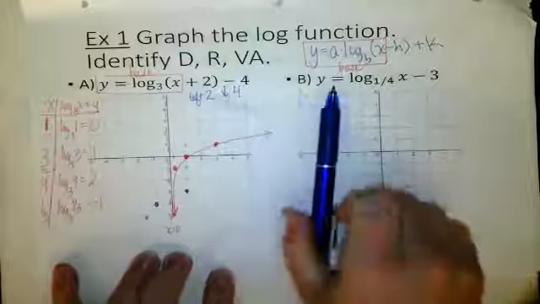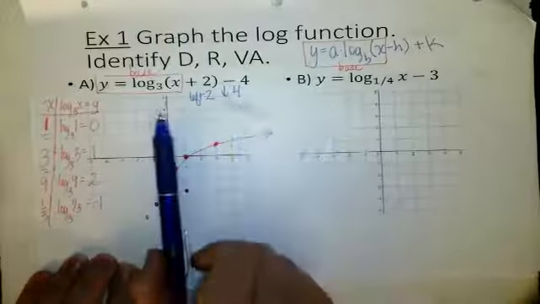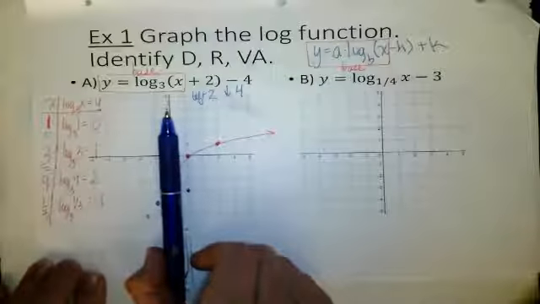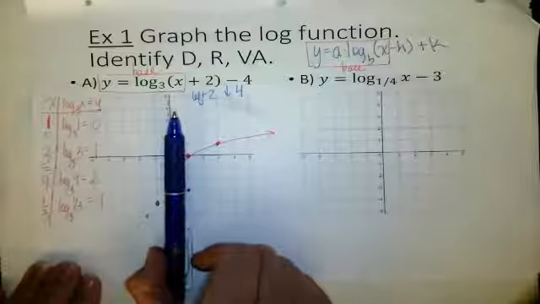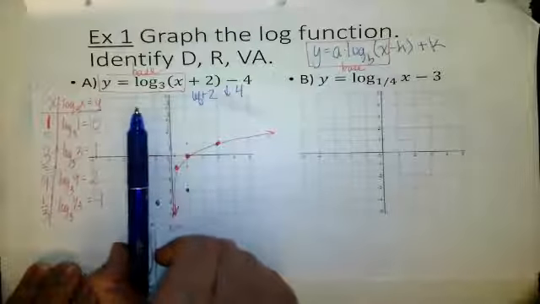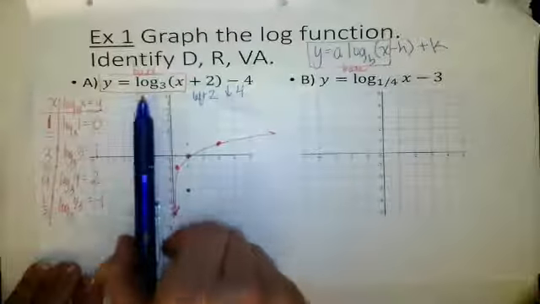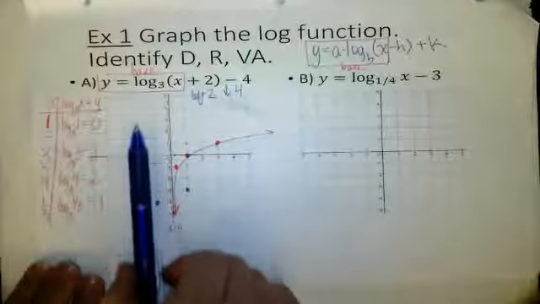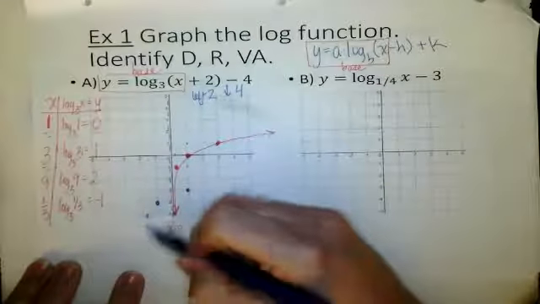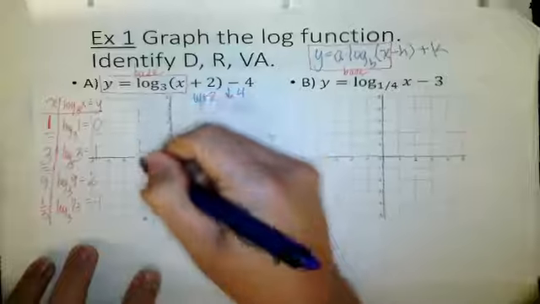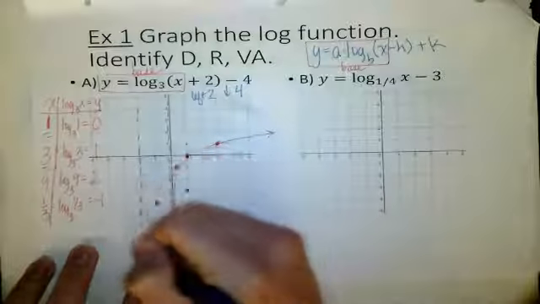And so if I'm shifting my graph, what happens to my asymptote that was here at x equals 0? It shifted left 2. Does it shift down 4? Does it matter? No. It's a line. It goes on forever. So that vertical asymptote gets shifted.